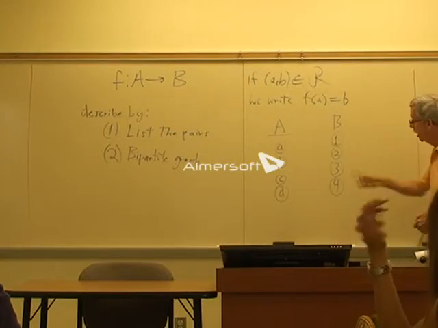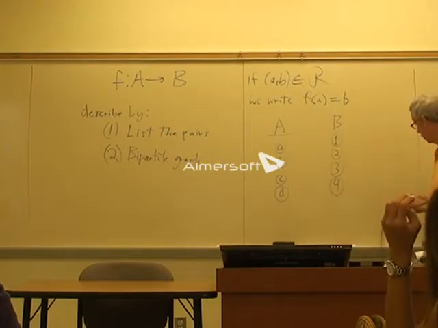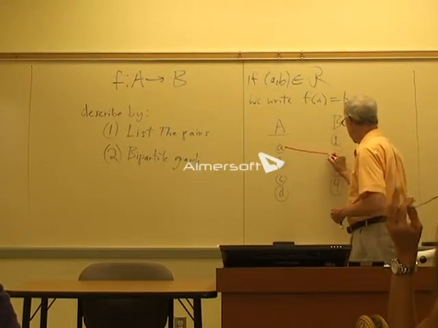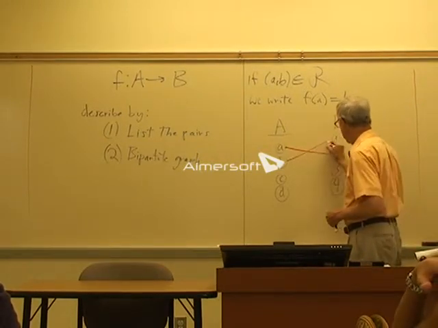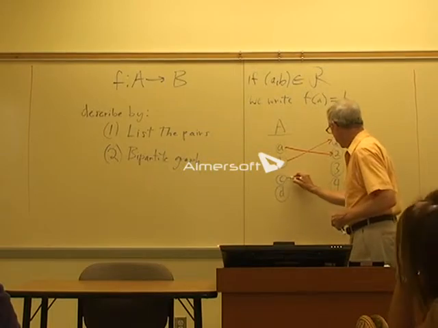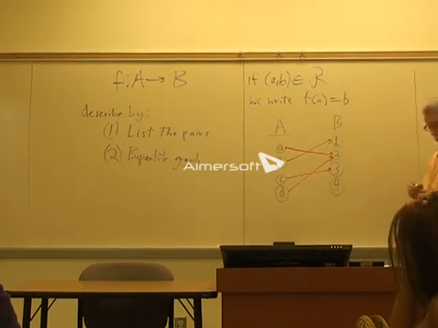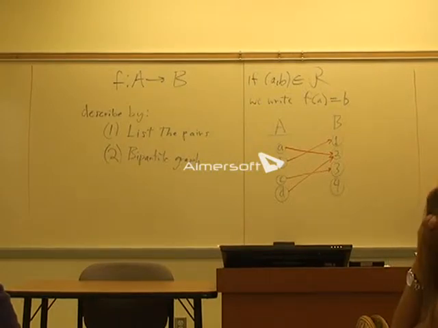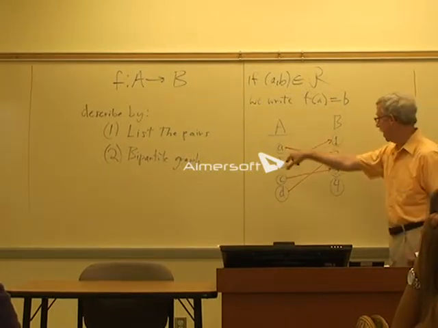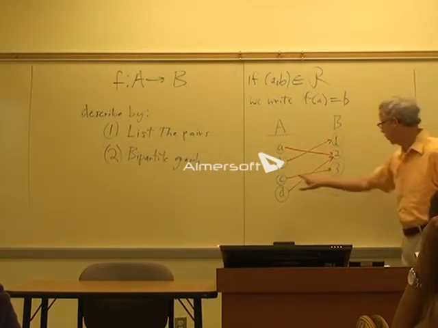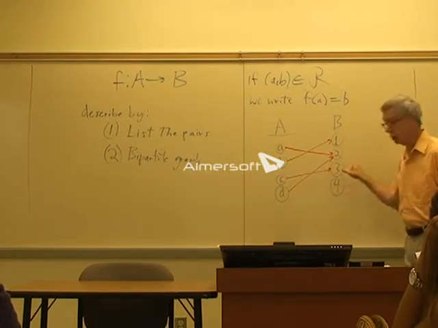I simply connect each element of A to exactly one element of B. So I might do something like this. a goes to 2, b goes to 1, c goes to 3, and d goes to 2. So that's a nice visual way of saying that the ordered pair (a, 2) is in the list, the pair (b, 1) is in the list, the pair (c, 3) is in the list, and the pair (d, 2) is in the list.